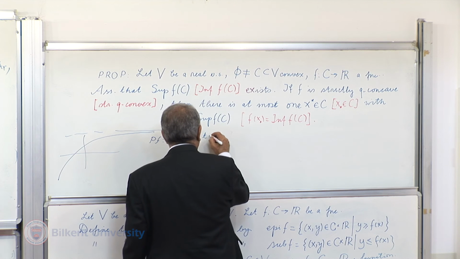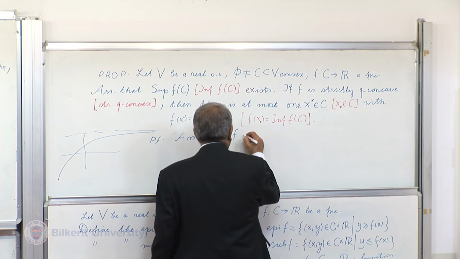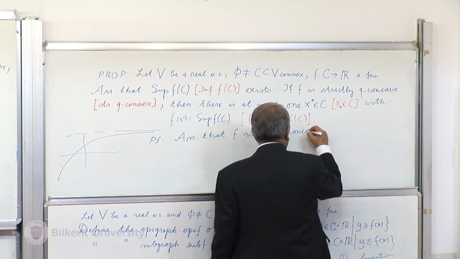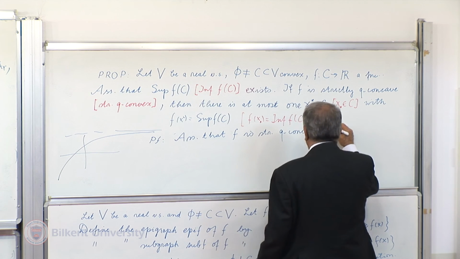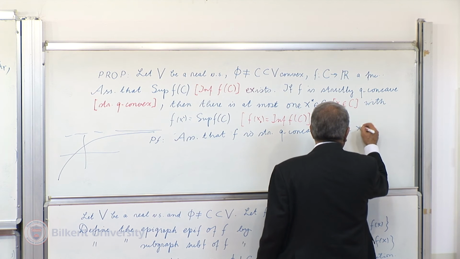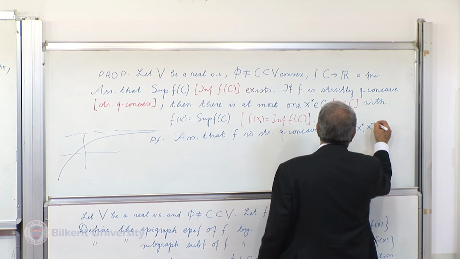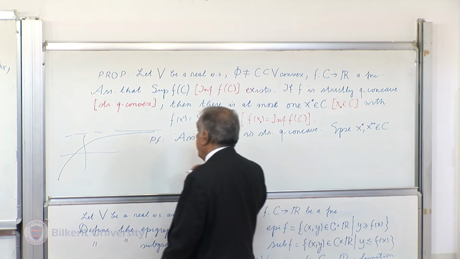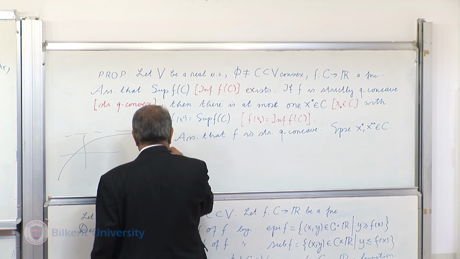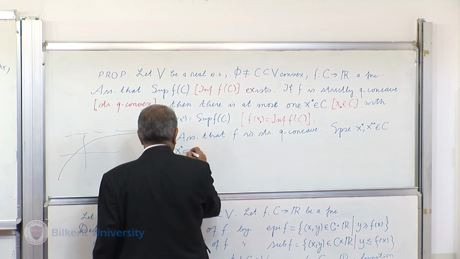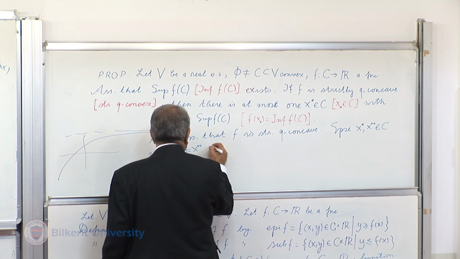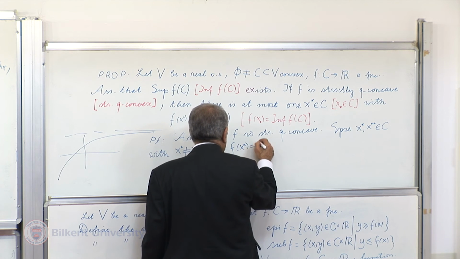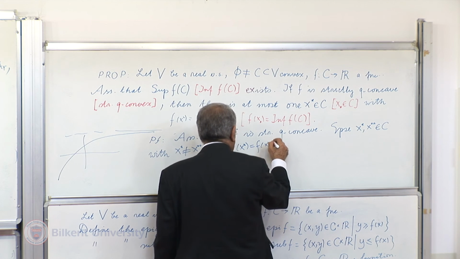Suppose x star, x double star are in C, different from each other, such that f attains its supremum at both of them.